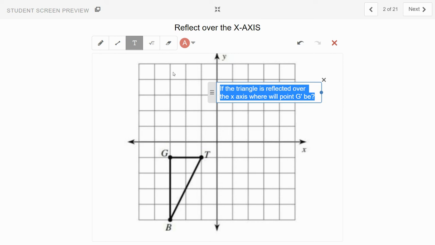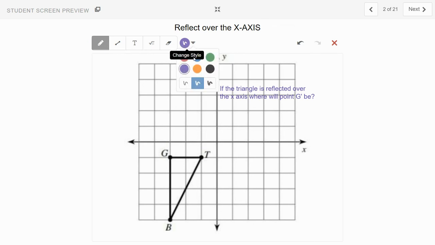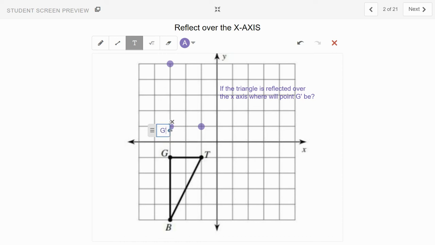All of you yesterday were able to reflect this. You guys had no issues. It was going to be G, T, and B, and if you were to actually write these out, you would have put G prime. Some people did get fancy with the letters.